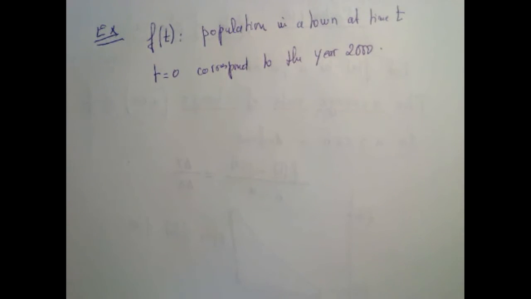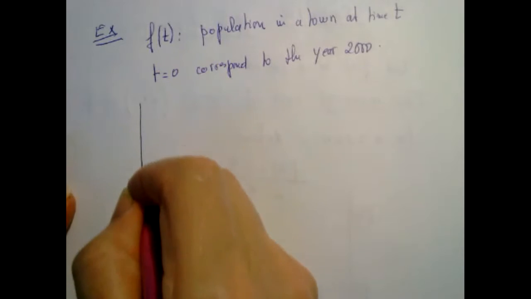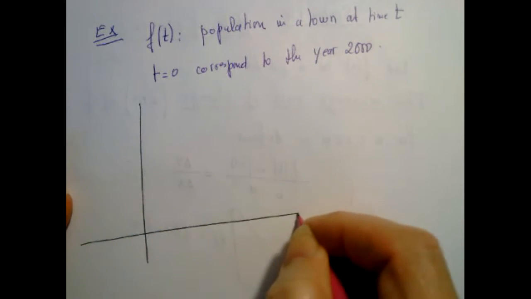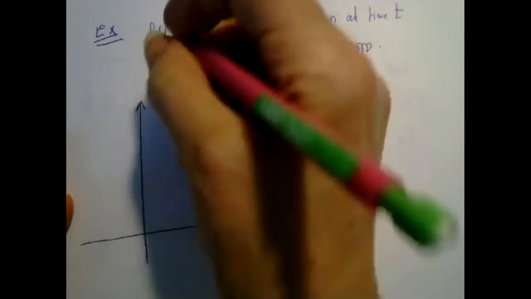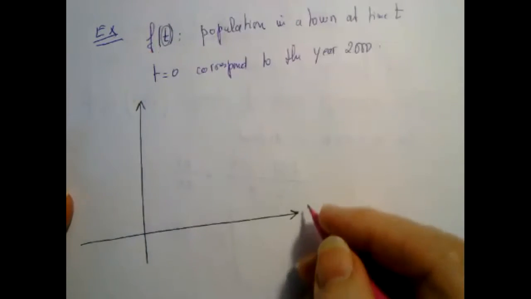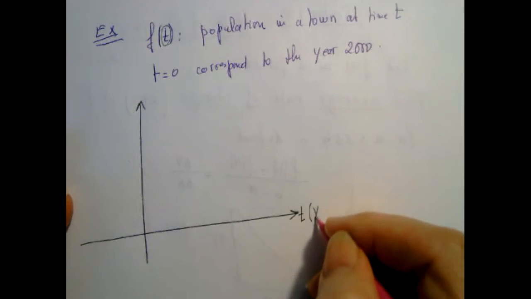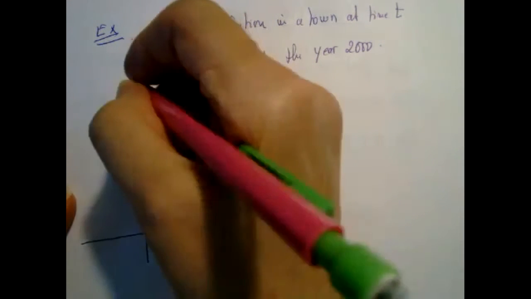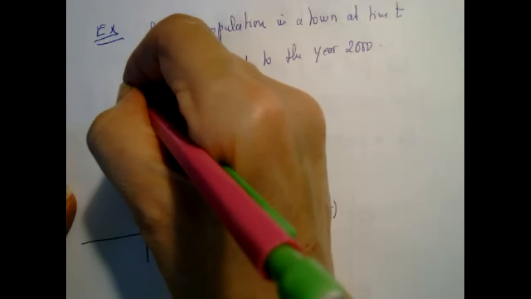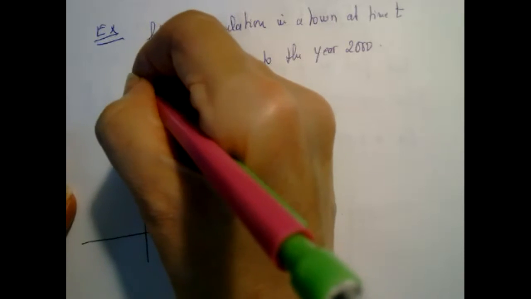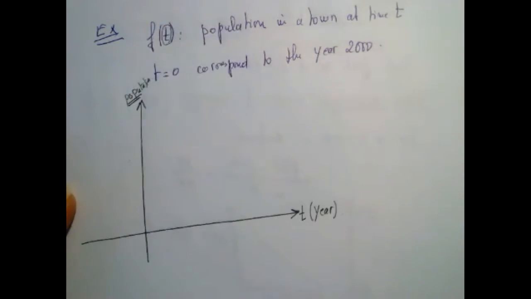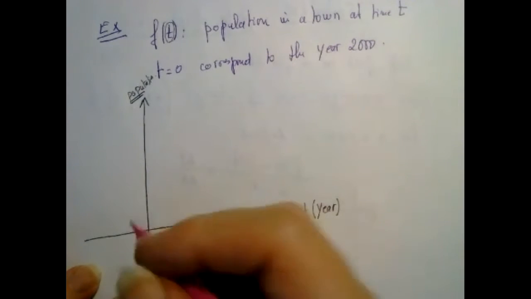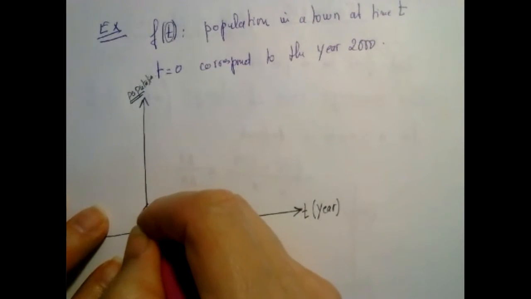And I'm going to give you the graph of this function. So this is the graph. Time here is the input, which is in years, and my output is the population. Now let us say these are some numbers.